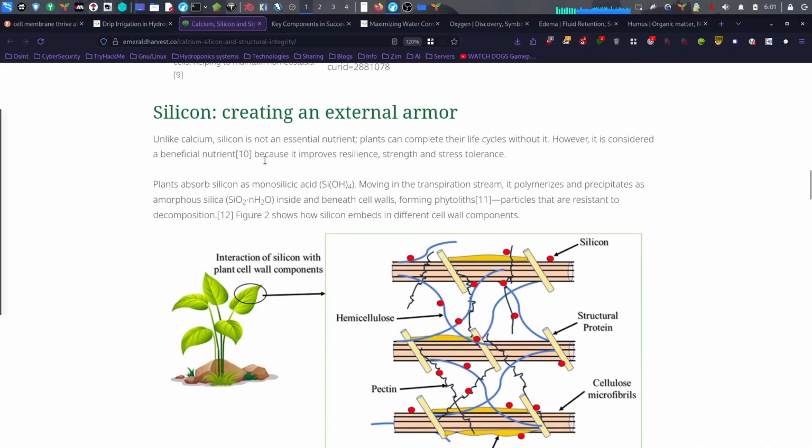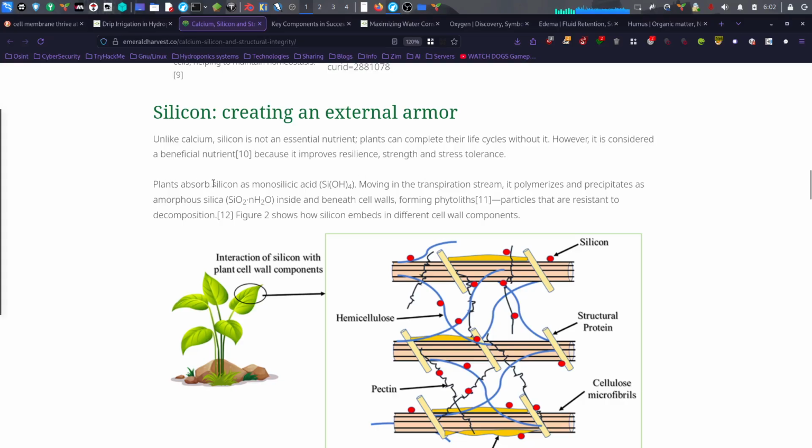Okay, silicon, creating an external armor. Unlike calcium, silicon is not an essential nutrient. Plants can complete their life cycles without it. However, it is considered a beneficial nutrient because it improves resilience, strength, and stress tolerance.